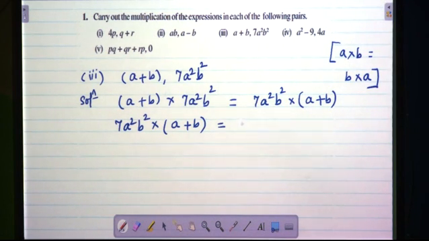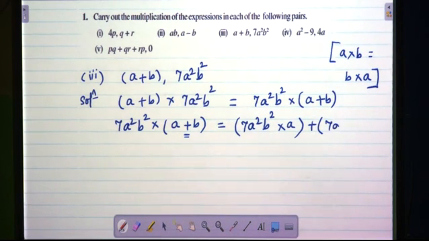Now, for the multiplication, 7a square b square multiplied by a, one bracket, plus sign as it is here in between, and the sign of 7a square b square is plus. So, plus into plus is plus. So, no need of change in sign.